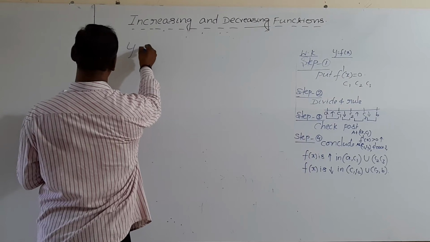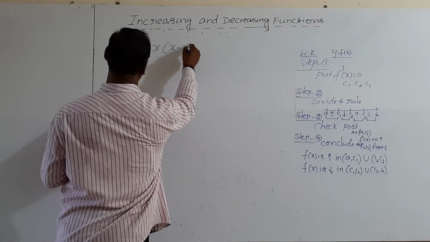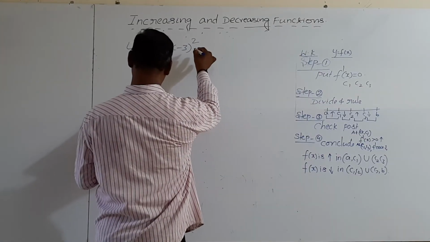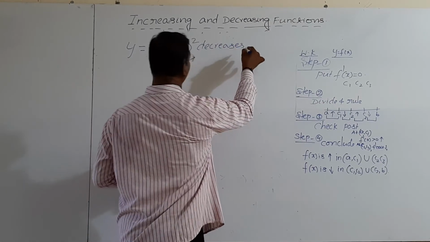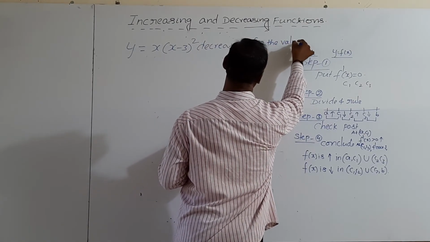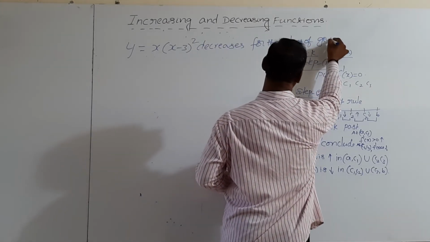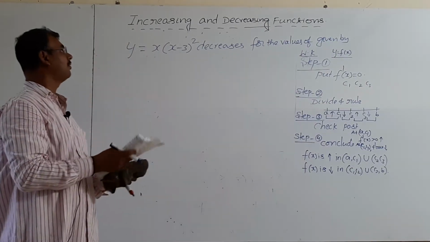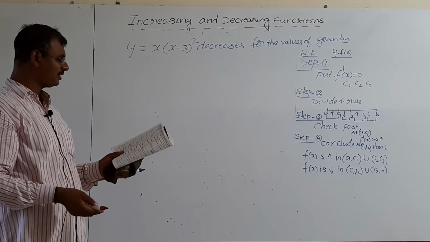Y is equal to x (x minus 3) whole square decreases for the values of x given by... that means, in which interval is the function decreasing? Four options are given.